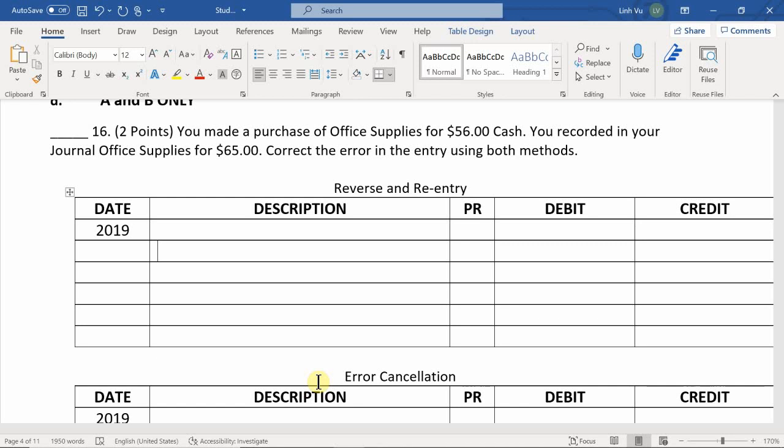Okay, so in this case, I've already entered in my journal as office supplies for $65 and cash for 65. Now I'm asking you because that's not true. I did not buy it for 65. I bought it for 56. How do I use the reverse and reentry method to fix my error?